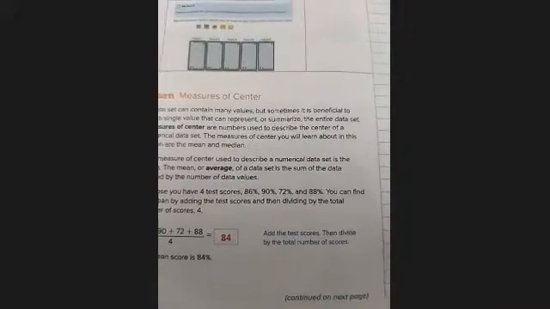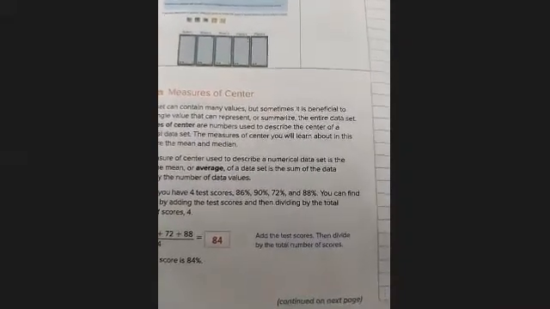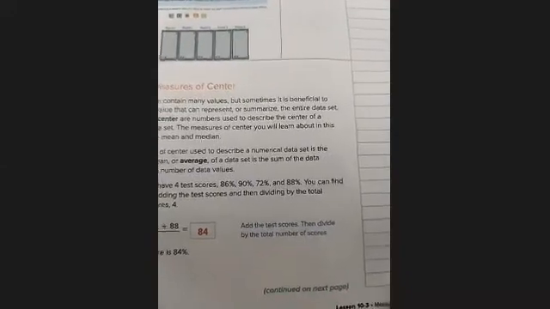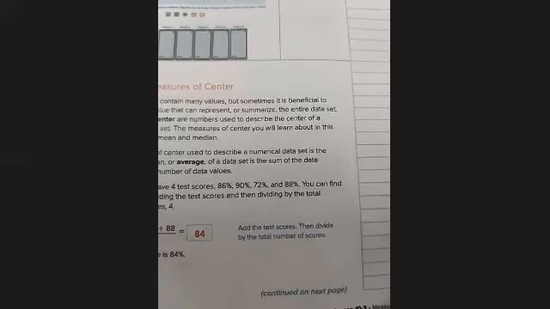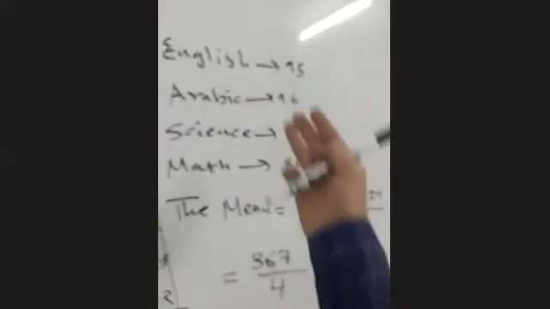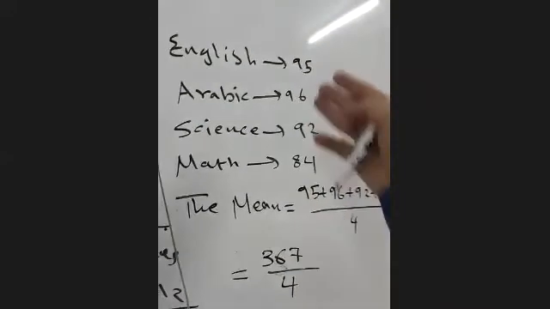A data set can contain many values, but sometimes it's beneficial to find a single value that can represent or summarize the entire data set. This we call a data set, a group of numbers, a group of values.